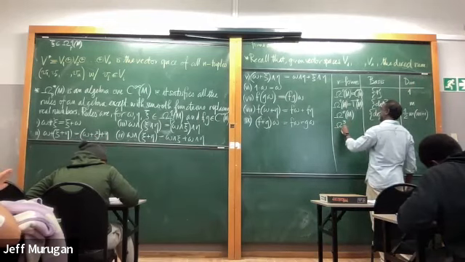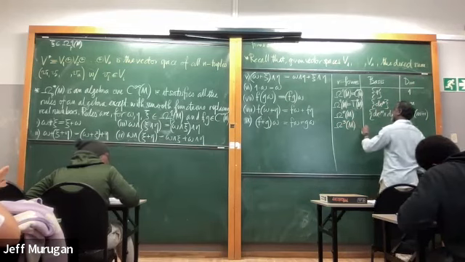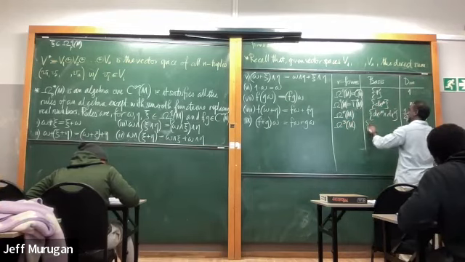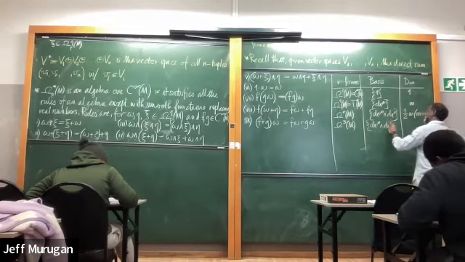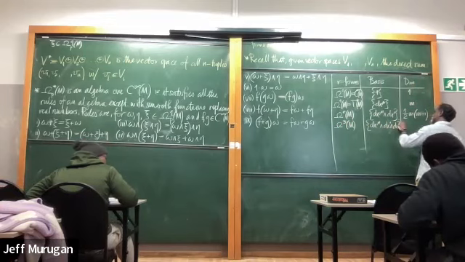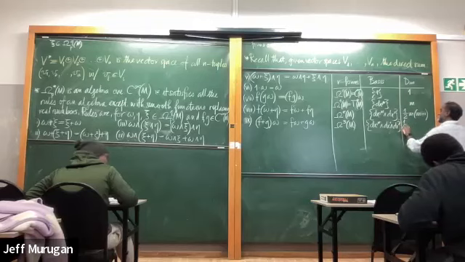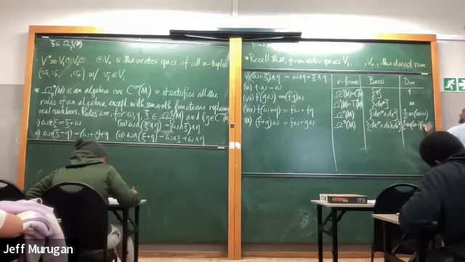Omega 3, the set of 3 forms on M, with basis dx mu wedge dx nu wedge dx lambda. There are one sixth of m times m minus 1 times m minus 2 of these.